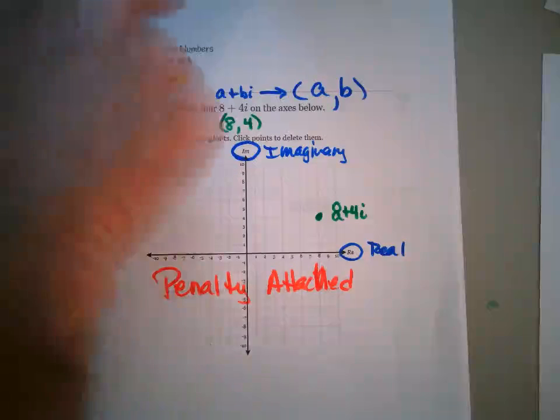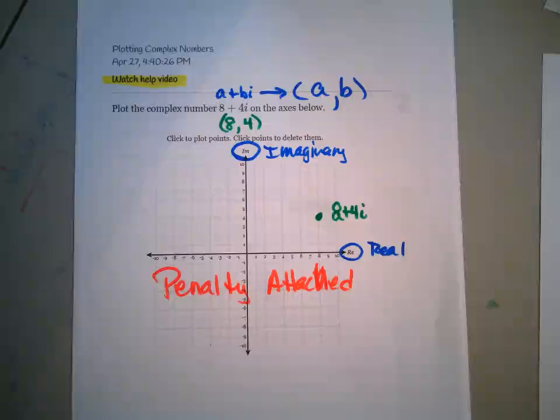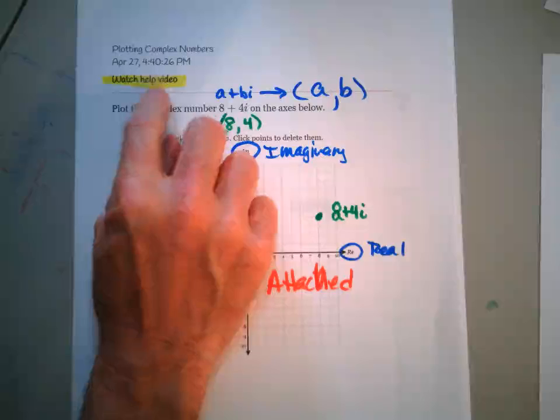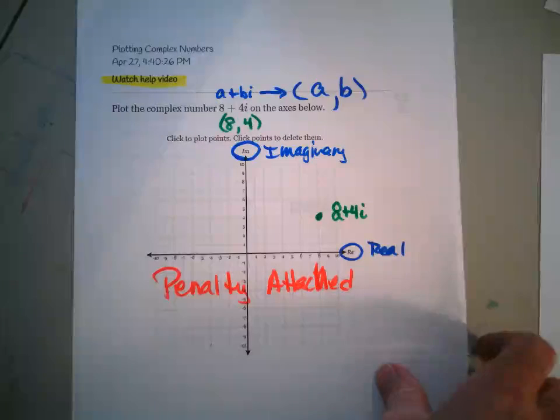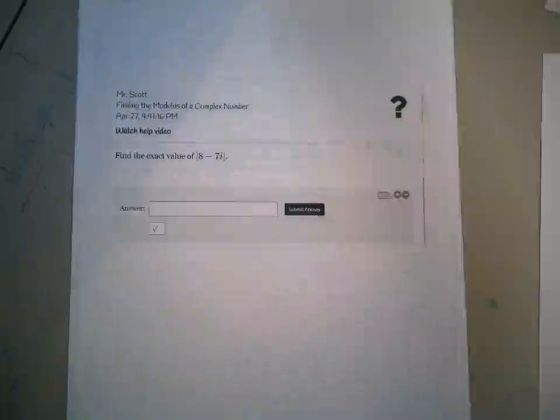They'll also show you the math part too, but I think the best part about the help videos is showing you how to use Delta Math. So if you're struggling with how to click and drag and move things, then make sure you're watching the help videos, and that'll tremendously help out. Okay? So that's graphing of a complex number. Pretty simple.